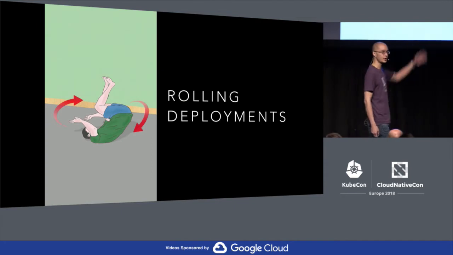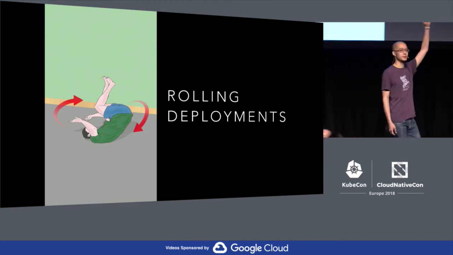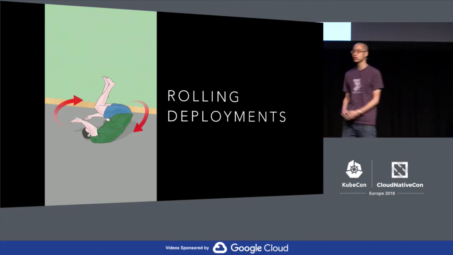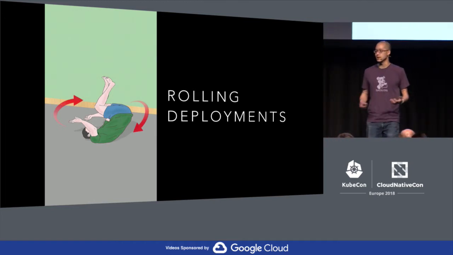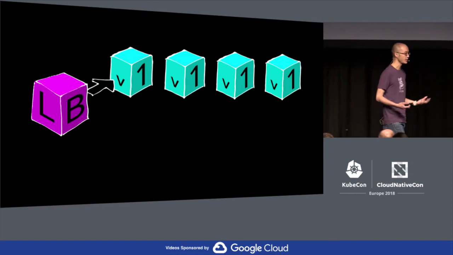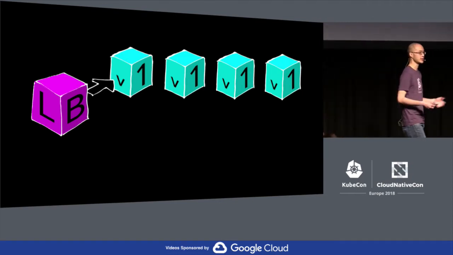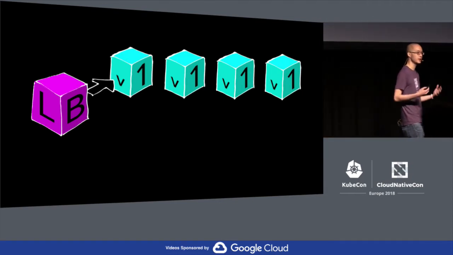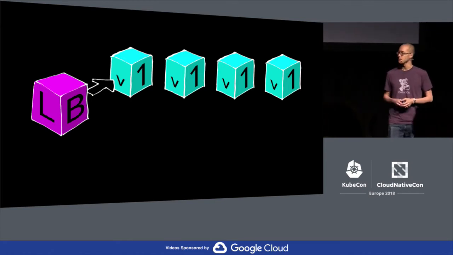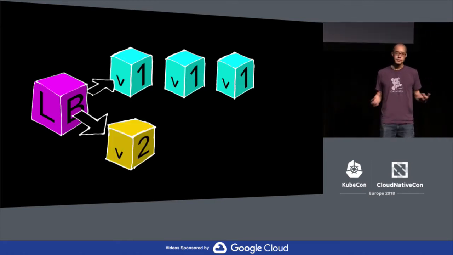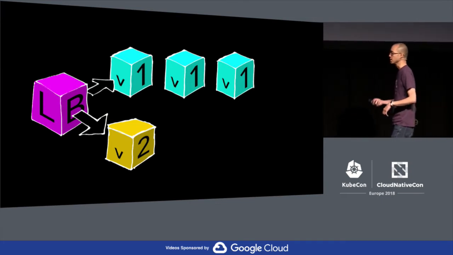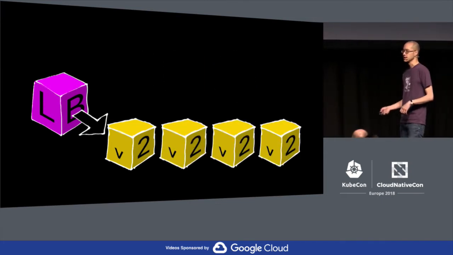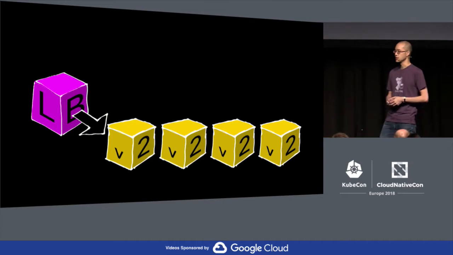How many people are doing rolling deploys? We are at KubeCon. So this is the way that Kubernetes by default does deployments. Pretty easy to understand. Similarly, you've got a load balancer. In this case, Kubernetes sits out front. You've got a bunch of software, and essentially it rolls down one container, puts up the new one, and you keep running through this until suddenly everything's switched over.